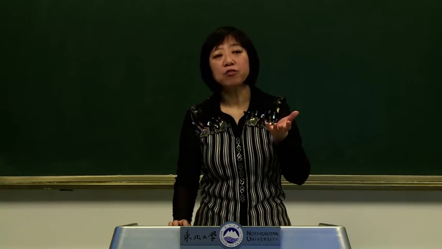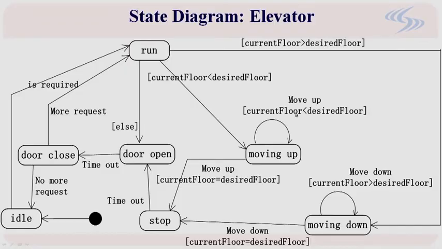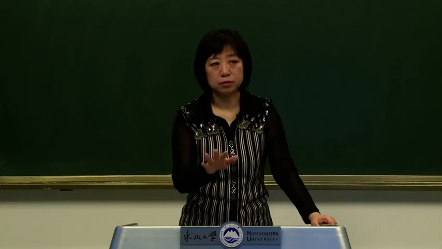Once the current floor becomes 7, 7 is not less than 7, so this condition is not satisfied. And we find that this other condition is satisfied, so the elevator state changes to stop. That means the elevator arrived at the destination and stopped.